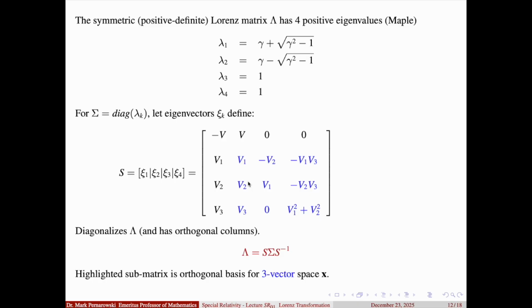For example, the second and third columns give 0, and the same with the third and fourth. What's going on in the third and fourth in particular is that I've got a 2-dimensional eigenspace for the repeated eigenvalue 1, and I have 2 orthogonal vectors here that span that space.